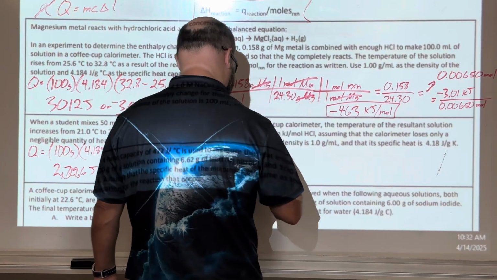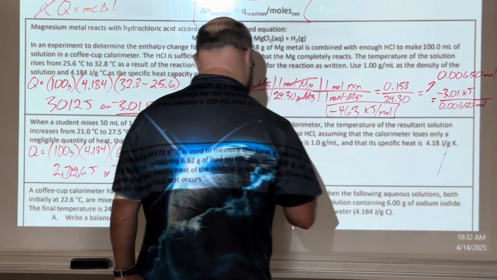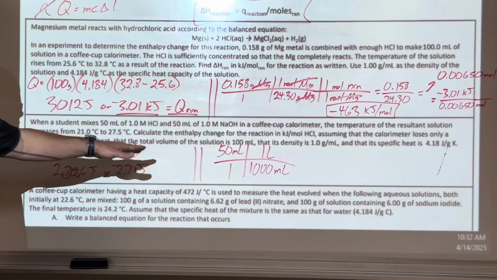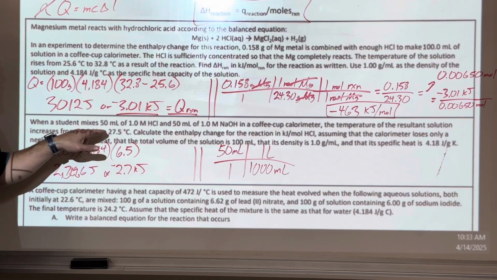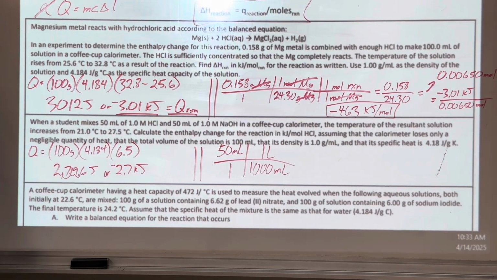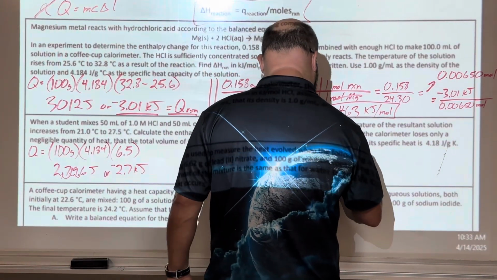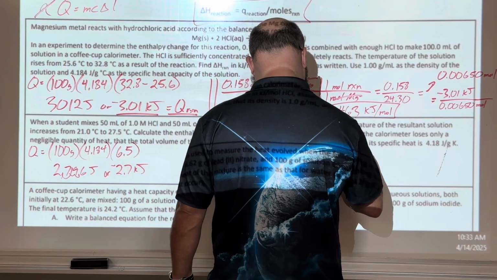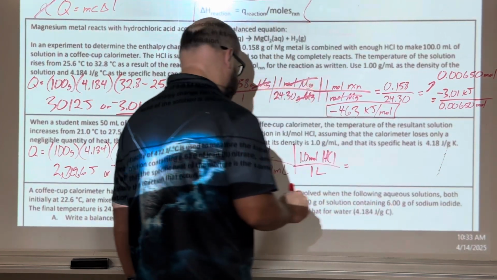Milliliters doesn't do us any good in stoich. We gotta change it to liters. So 50 mL, 1,000 mL in every liter. 1 molar. That tells us there's 1 mole for every liter of solution. So we're going to put that as our next step. 1 liter of solution is 1 mole HCl.